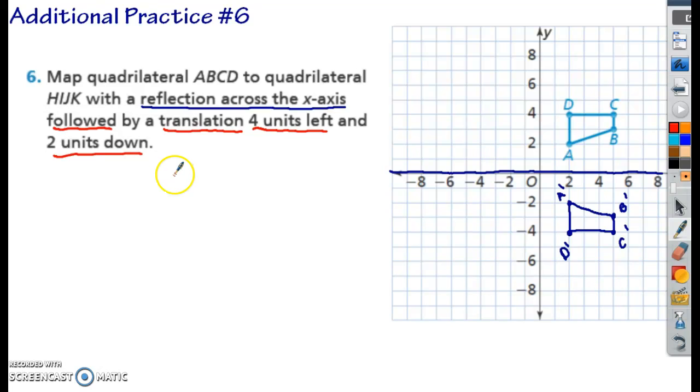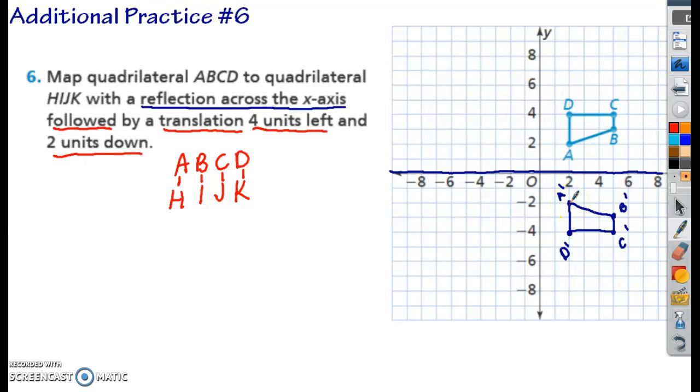Now notice here, A, B, C, D is named this way, and H, I, J, K goes in this order. So these letters correspond to the same letter that it matches up with. So as we move our A prime, it will be named H. So let's move A prime here, and then we'll call it H.